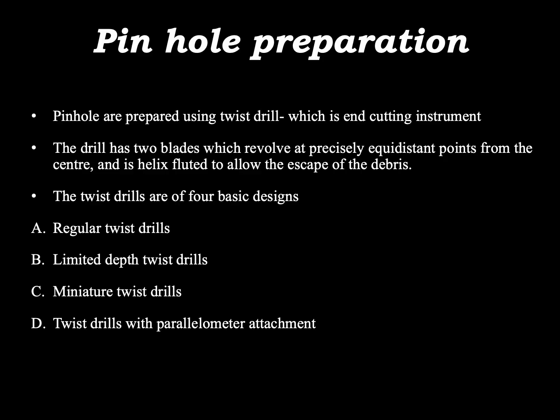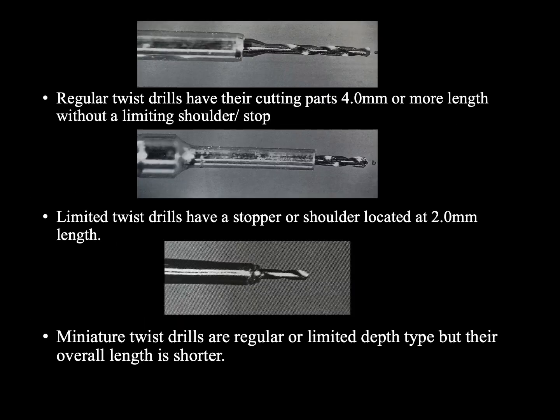Coming to the pinhole preparation, there are various drills which are available for the pinhole preparation, which are regular twist drills, limited depth twist drills, miniature twist drills, and twist drills with parallelometer attachment. Coming to the regular twist drills, they have a cutting part of 4 mm or more length without a limiting or a shoulder stop, whereas the limited twist drills have a shoulder located at 2 mm preparation.